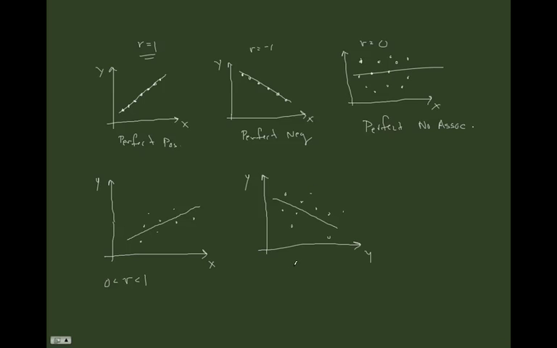And this situation is going to happen when r is not equal to -1, but it's less than 0. So this would be positive with variation. This would be negative with variation. And these, again, are the ones that we see in the real world.